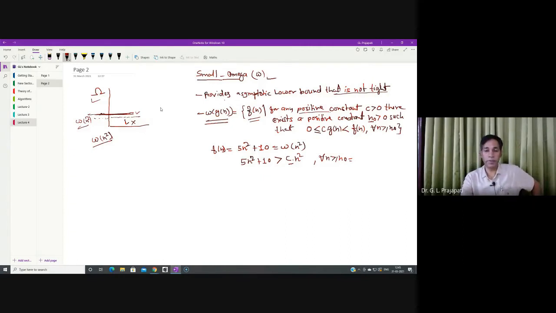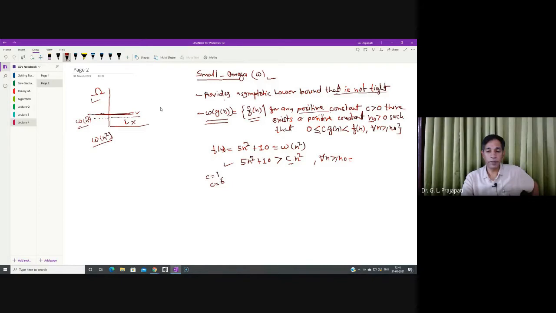And see that if you take C equal to 1, then this condition holds true, and you will find n0 as even 1. But if C is equal to, say, 5, or C is equal to 6, then what happens?